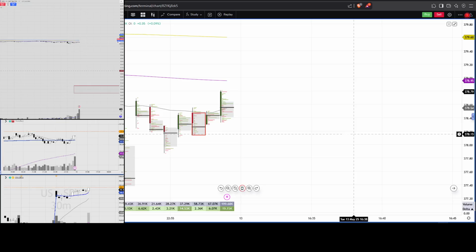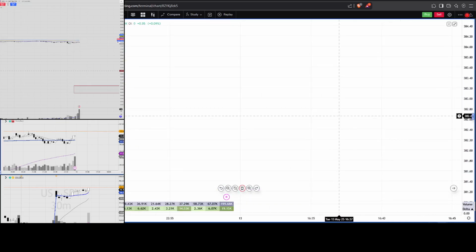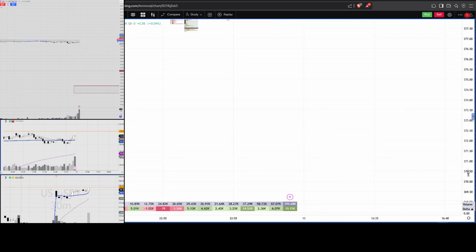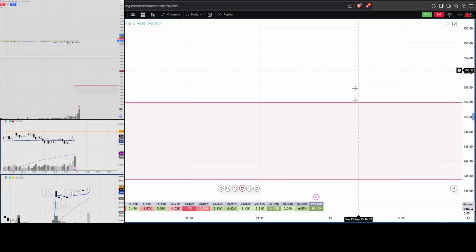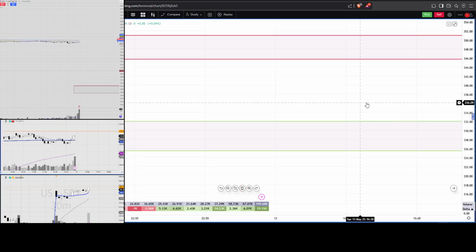Given that UNH is trading at 338 point, based on real-time financial data, here is a potential level where buying interest may emerge. 335, they say. Really? 335 is. I have marked 332. Immediate support, 52-week low. Okay.